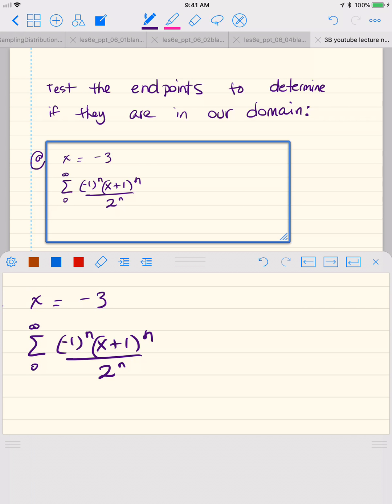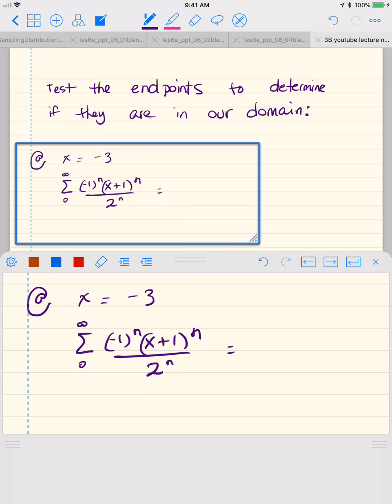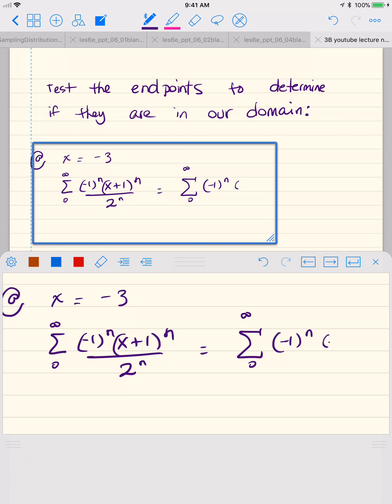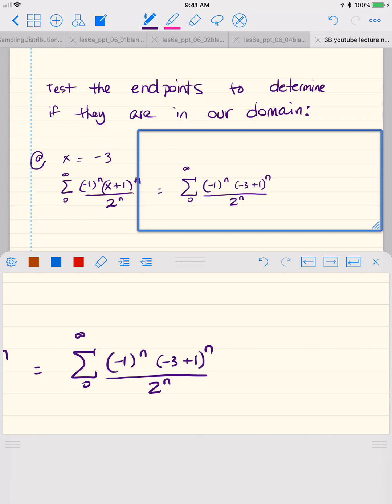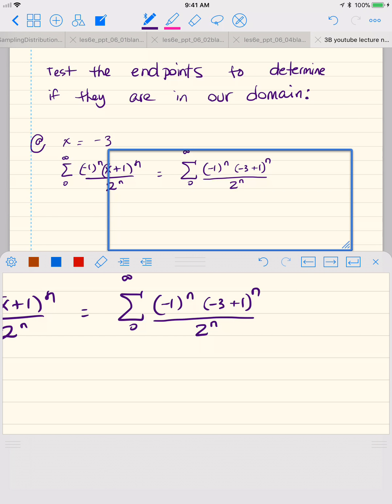If x equals -3, this series is going to be equal to the sum from 0 to infinity of -1 to the n, times -3 plus 1 to the n, divided by 2 to the n. Now -3 plus 1, that's going to be -2.